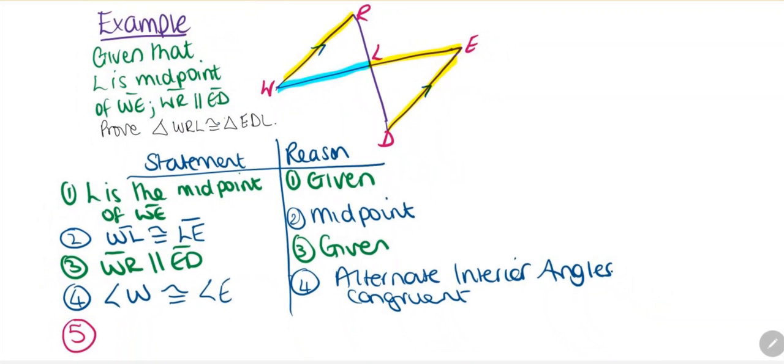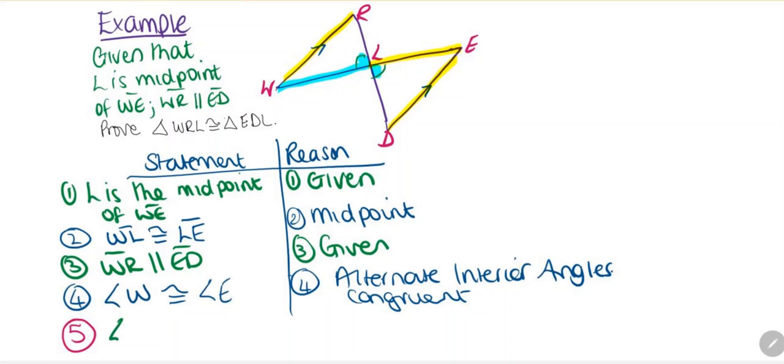So number five, we can say that we have vertical angles. So here, this angle here and this angle here are vertical angles.